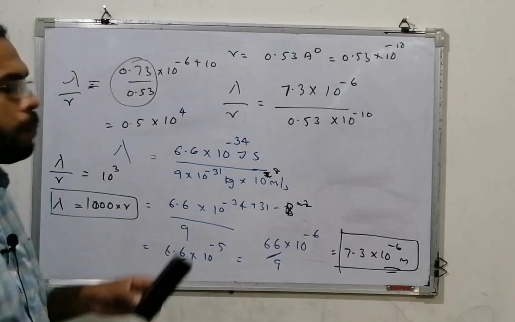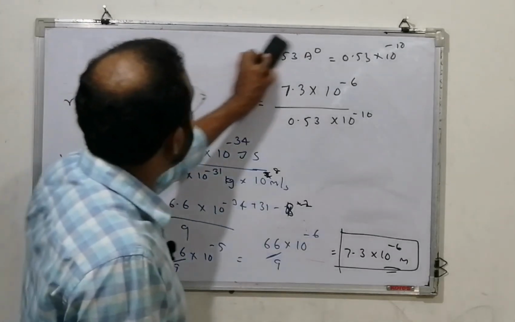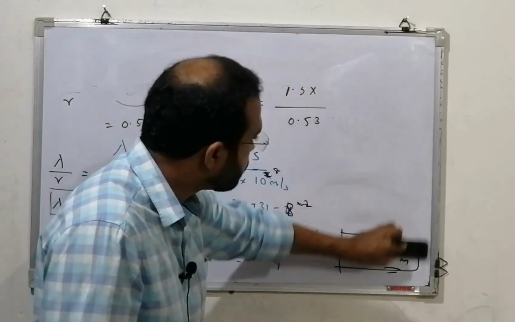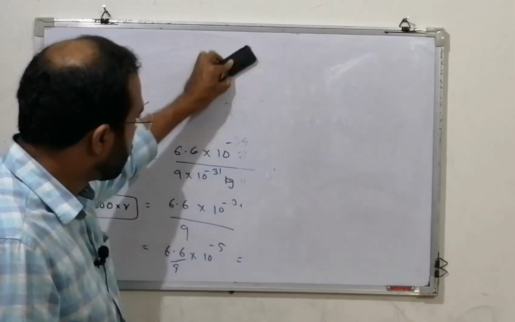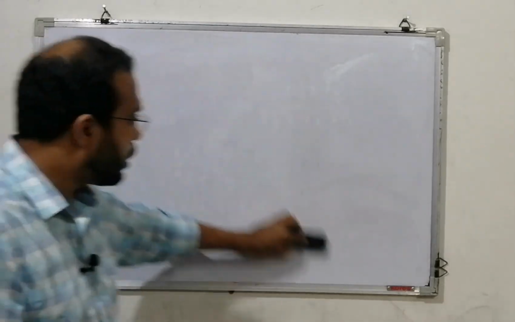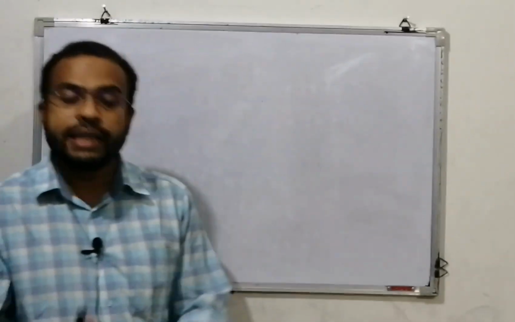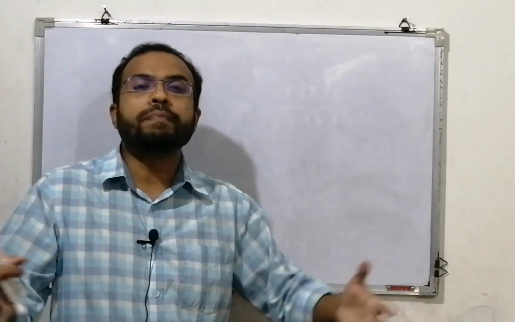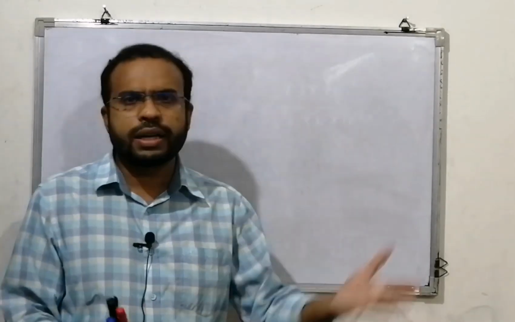Fine. But when you calculate the wavelength associated with a cricket ball or football, that will be so insignificant when you compare it with the size of the cricket ball. You can do that calculation.